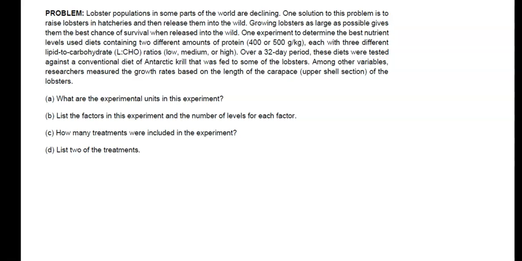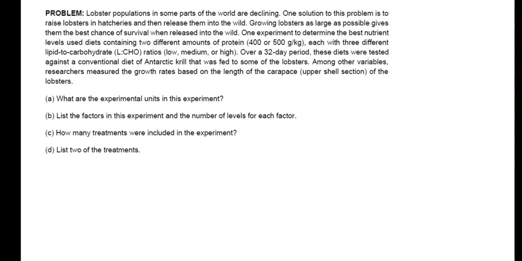Lobster populations in some parts of the world are going down. One solution is to raise lobsters in hatcheries and then release them into the wild. Growing lobsters as large as possible gives them the best chance of survival when released into the wild. One experiment to determine the best nutrient levels used diets containing 2 different amounts of protein, 2 levels, 3 different liquid to carbohydrate ratios, 3 levels of that.